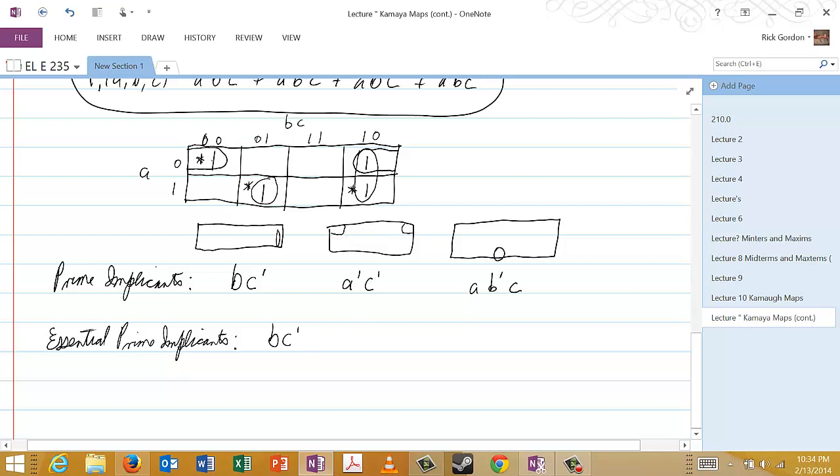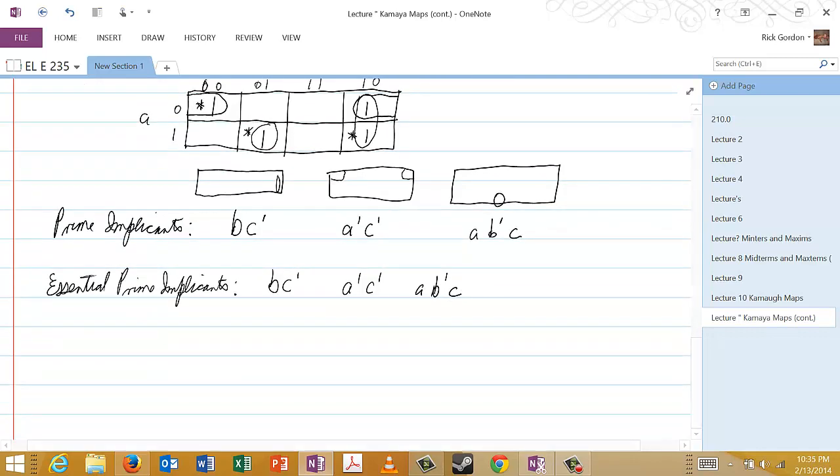Well, it contains this essential one cell in the upper left-hand corner. So it is indeed essential. And finally, if we check the prime implicant A B prime C, it contains this essential one cell, and therefore it is also essential. And so now we're ready to complete this problem.